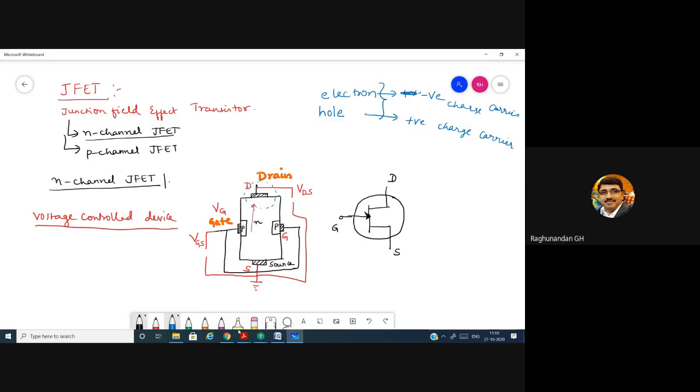Now, here, what kind of charges will you have in N type? Negative charge, sir, because electrons are the charge carriers, so obviously they will carry negative charges. So in order to attract those negative charges, what kind of potential should I give here?